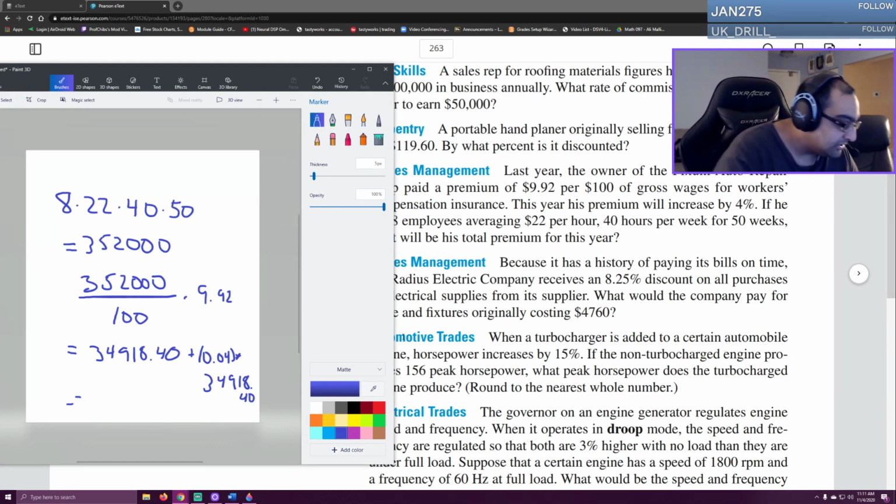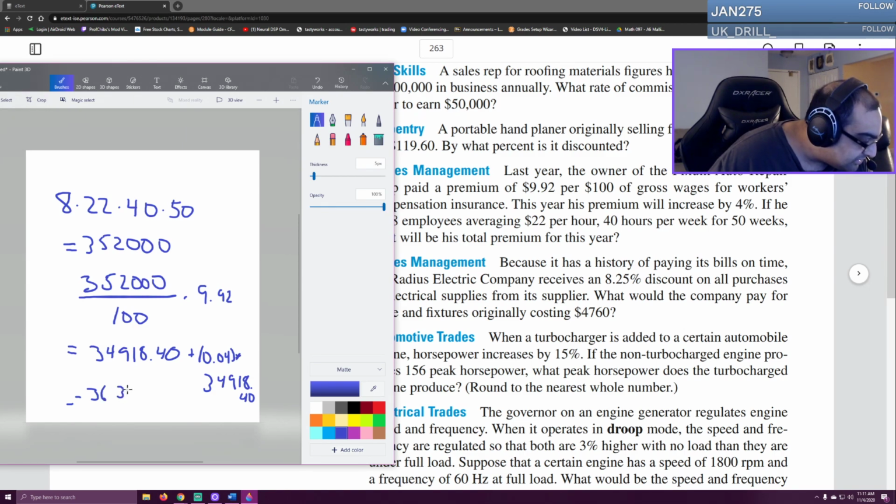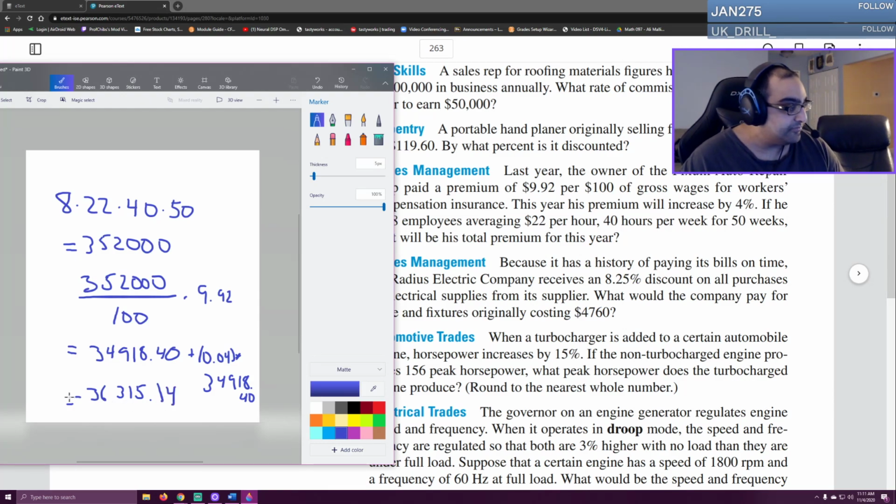Let's see what we get. Okay, so the amount that he'll have to pay after everything is said and done is $36,315.14. So that'll be his total premium for this year.